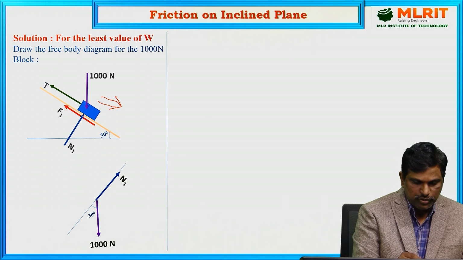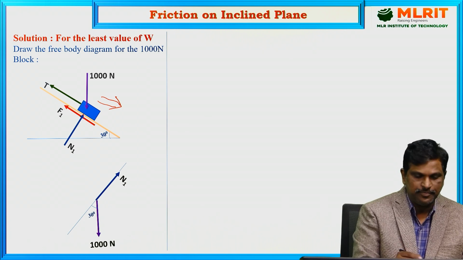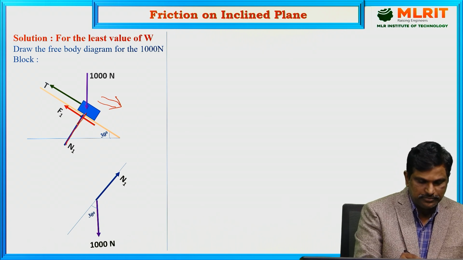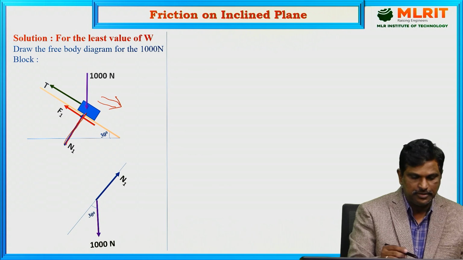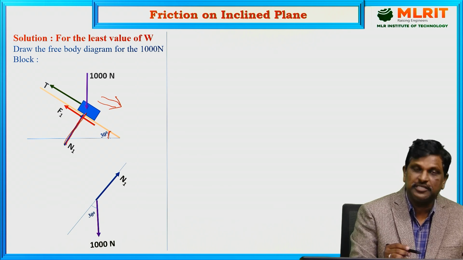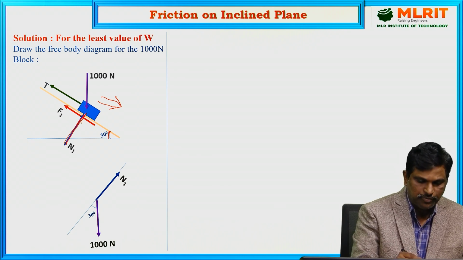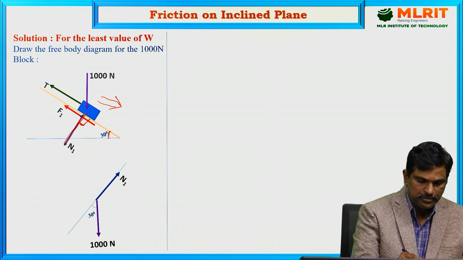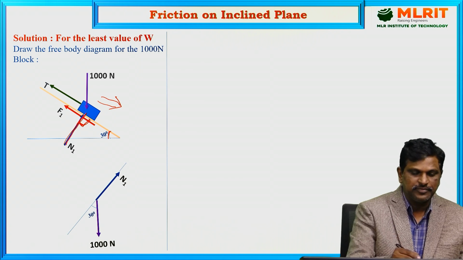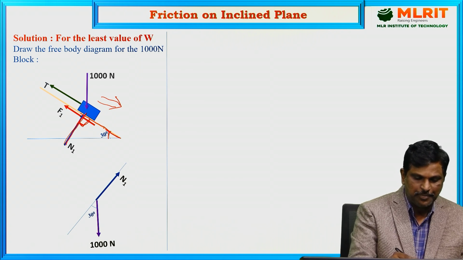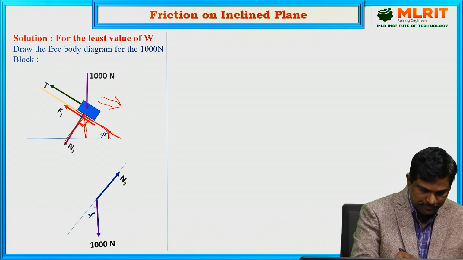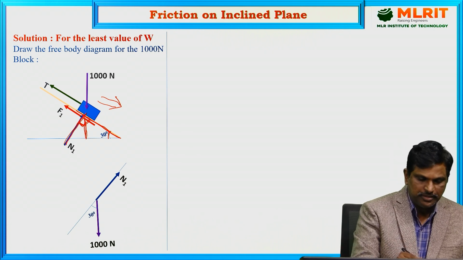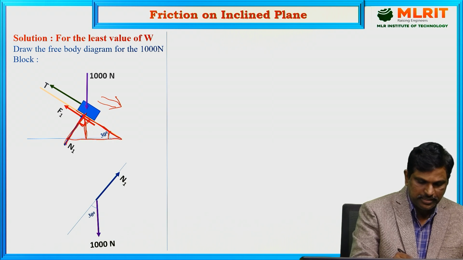For that, I am going back to the free body diagram. This is the direction of N1. Now here the angle is 30 degrees. We know that the normal reaction will always be perpendicular to the contact surface. The angle between the normal reaction and the contact surface, that is the plane, is 90 degrees. Now draw a vertical line here. See here. Now we got a right angle triangle, this one.